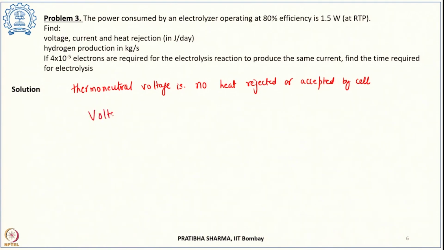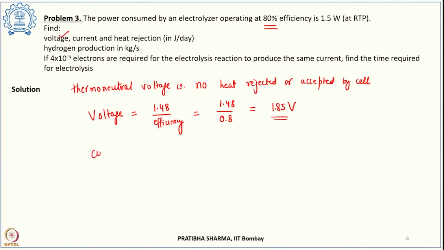So the voltage is 1.48 divided by the efficiency, and efficiency is already given to be 80%. So 1.48 divided by 0.8 comes out to be 1.85 volt. So that much is the voltage which is required to be found in the problem.